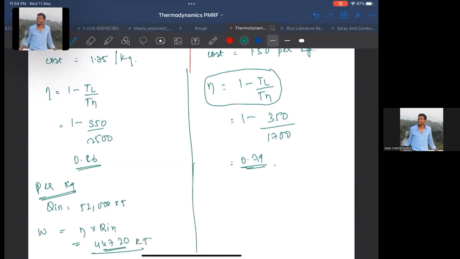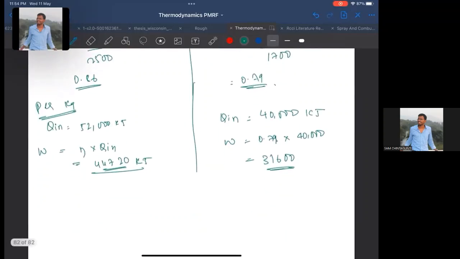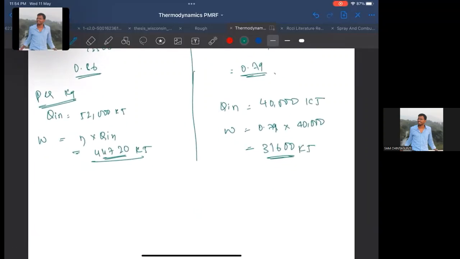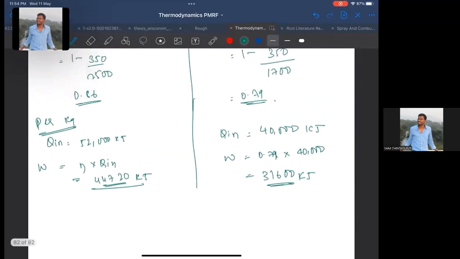And in case 2, your Q in is equal to 40,000 kilojoule, and your work is equal to 0.79 into 40,000, which is equal to 31,600. So this much amount of energy or work is produced.